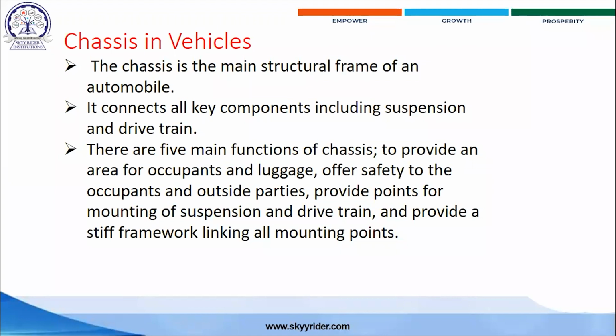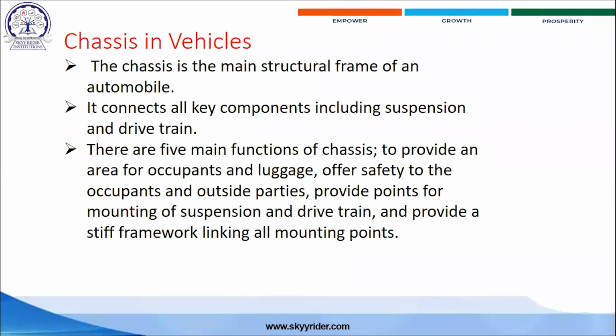Next point, there are five functions of a chassis. They are: to provide an area for occupants and luggage, offer safety to the occupants and outside parties, provide points for mounting of suspension and drivetrain, and provide a stiff framework linking all mounting points.